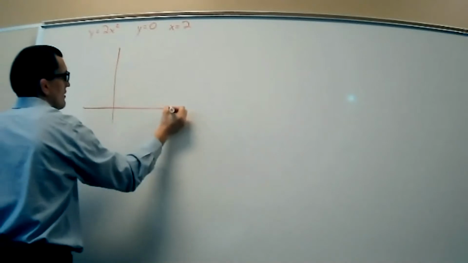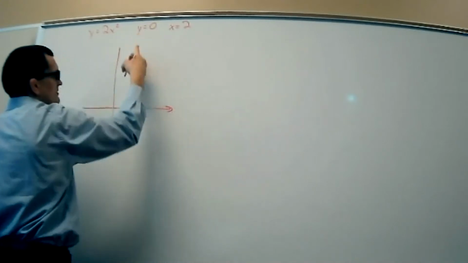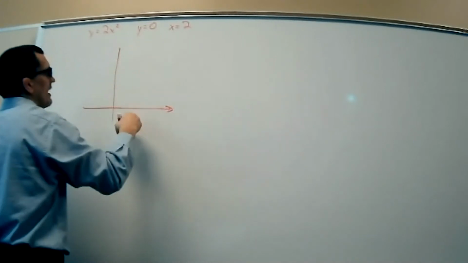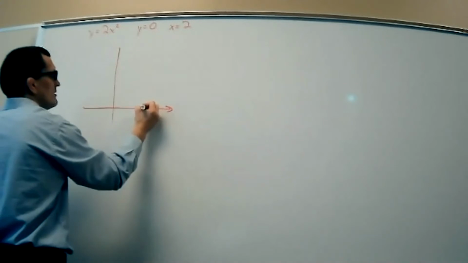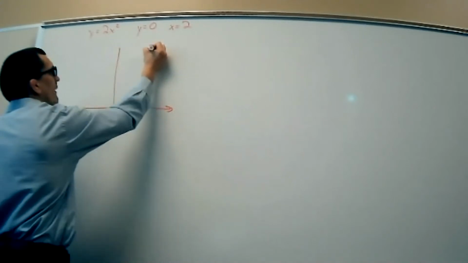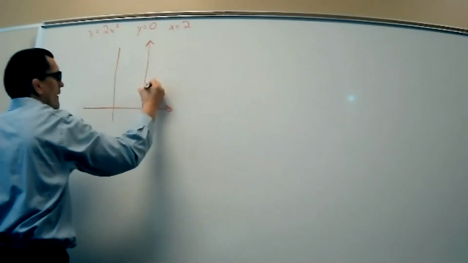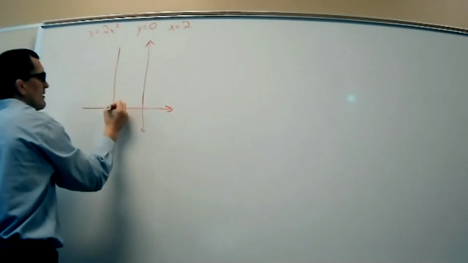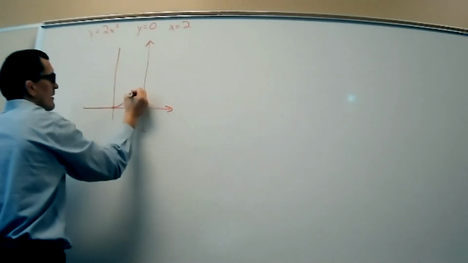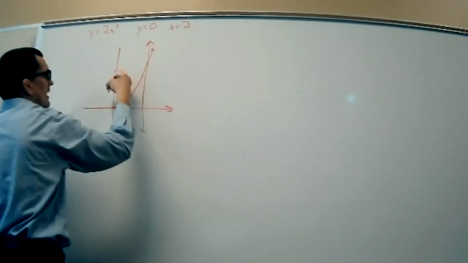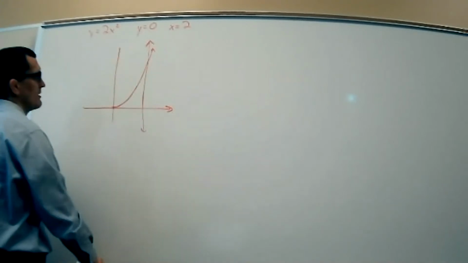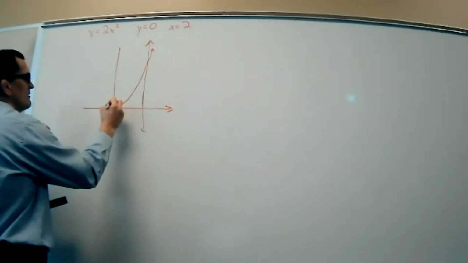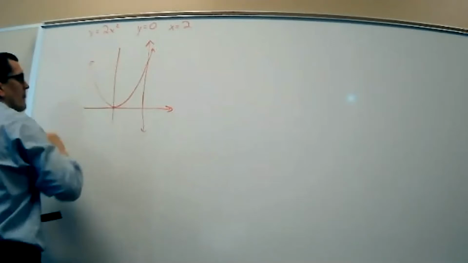Y equals 0 is the x-axis. X equals 2, right here. Y equals 2x squared is this. Obviously, here's the y-axis. I really don't need that for this problem, but there we go.